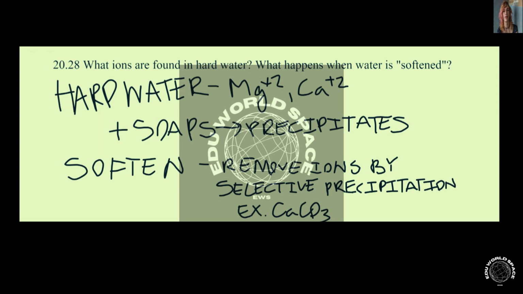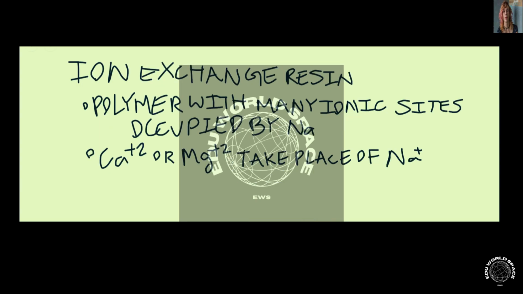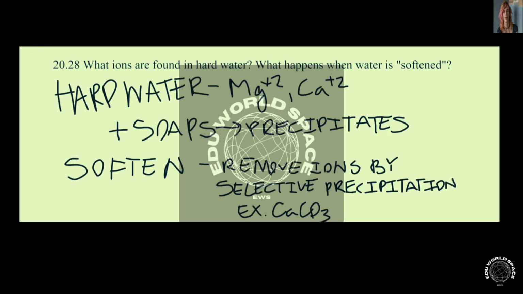solid. So another common way of softening water is with what's called an ion exchange resin. An ion exchange resin is made up of a large molecule called a polymer that has many different ionic sites that are occupied by an ion like sodium that we don't mind having in solution.